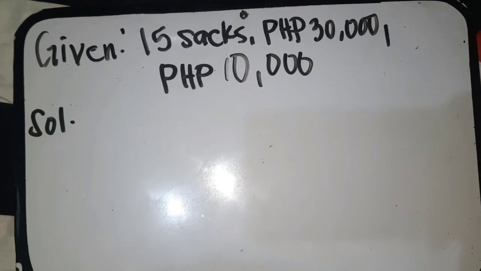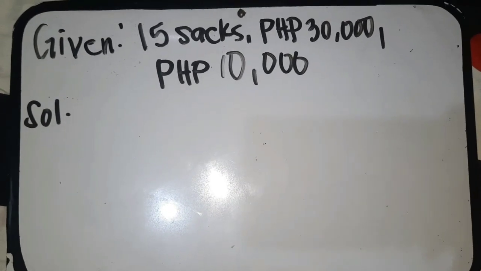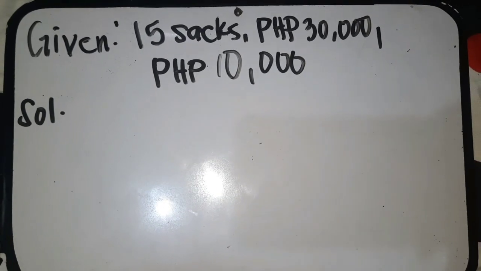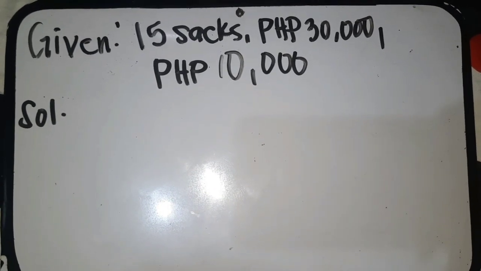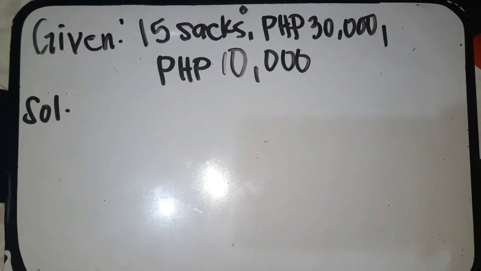Now for our third example, in business, 15 sacks of RTW clothes is worth 30,000 pesos. How many sacks of clothes would you get when you only have 10,000 pesos?